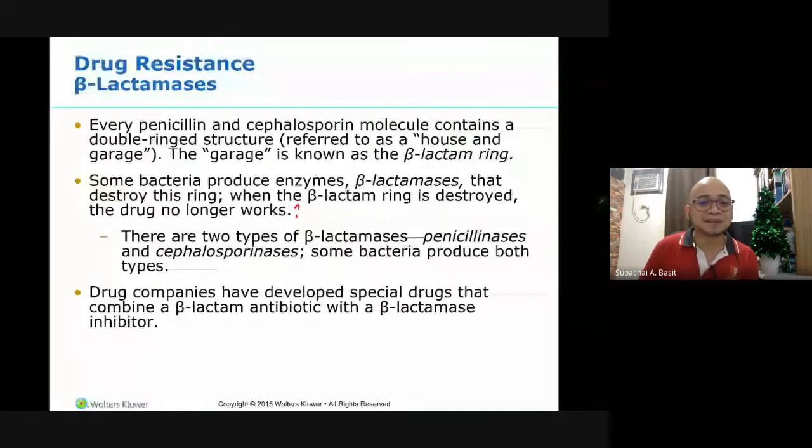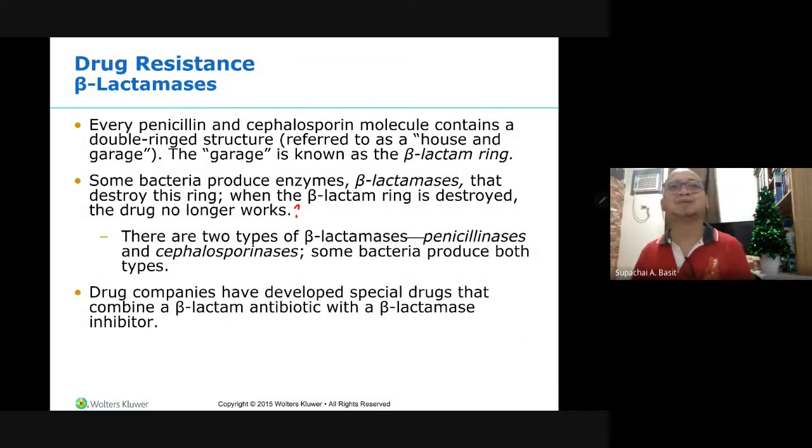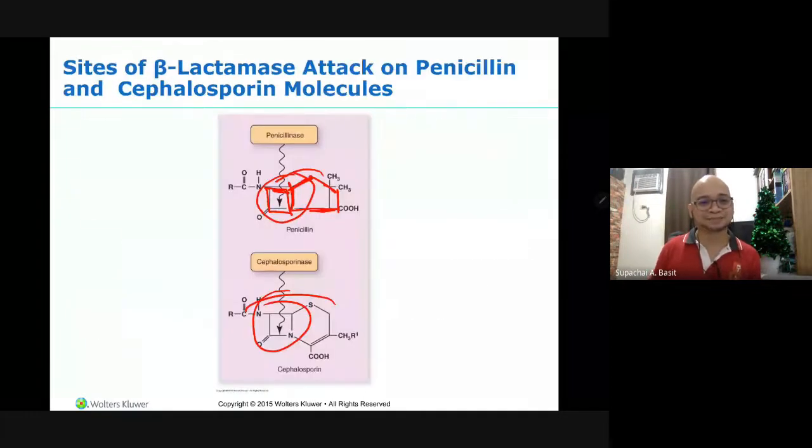And there are two types of beta-lactamases. So we have the penicillinases and then the cephalosporinases. So obviously, when you say penicillinases, it will act on penicillin, and when you say cephalosporinases, it will act on cephalosporins. So drug companies have already developed special drugs that combine a beta-lactam antibiotic with a beta-lactamase inhibitor so that the enzyme will not be able to destroy the beta-lactam antibiotics.